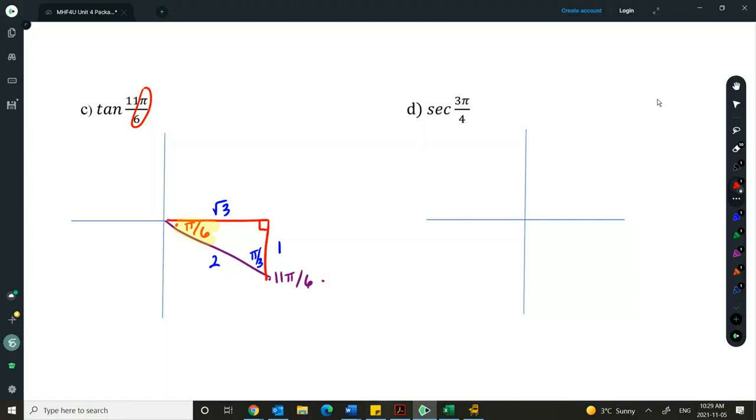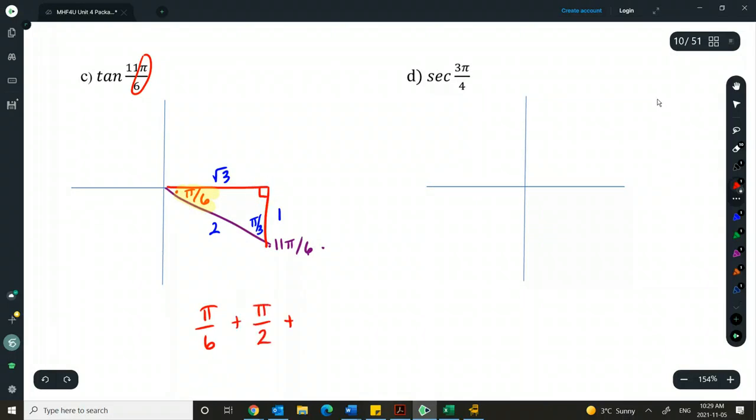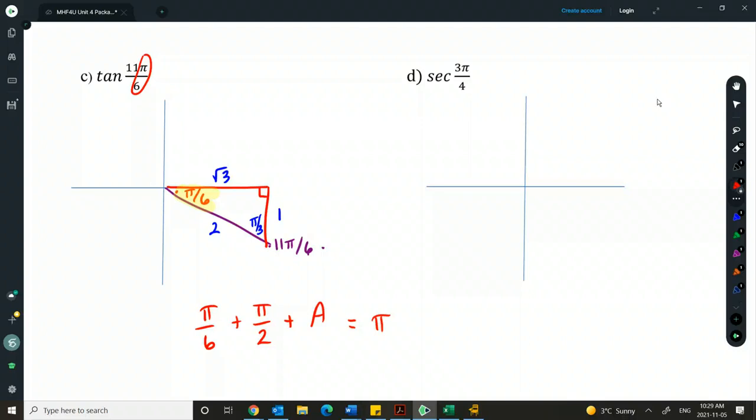So if you weren't sure what this was, I would need the angle of pi over 6, and we have a right angle, which is pi over 2, plus some other angle, we'll call it angle A. That all needs to add up to 180 degrees, which is pi radians. So by default, this one has to be pi over 3, because that all would add up to pi.